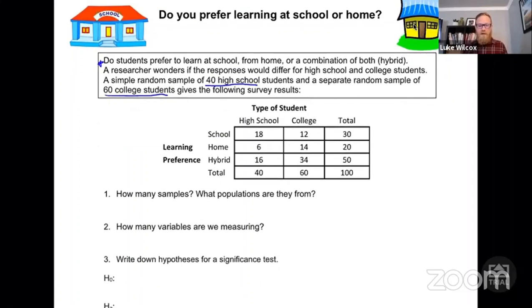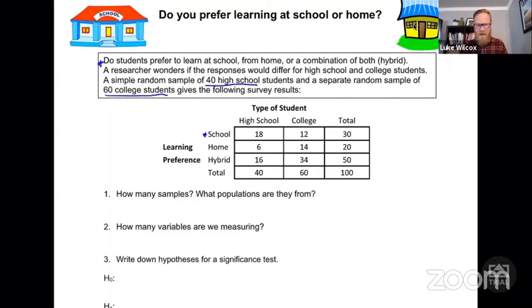And I think we should pause right here and just take a quick look at the numbers and see if anything jumps out at us. And I had wondered about this too, because I felt like maybe college students were more used to online learning, or wasn't sure. But by looking at the results of the survey, I see that when we look at the students that preferred school, it definitely seems like the high school students preferred learning at school more than the college students, right?